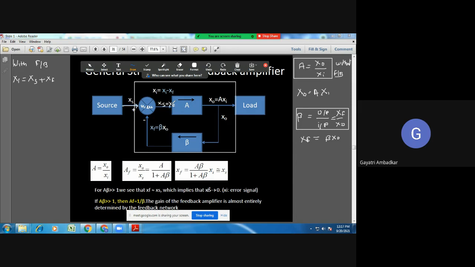Now, I told you that it becomes the combination of two signals. Now let's see. This is an amplifier.